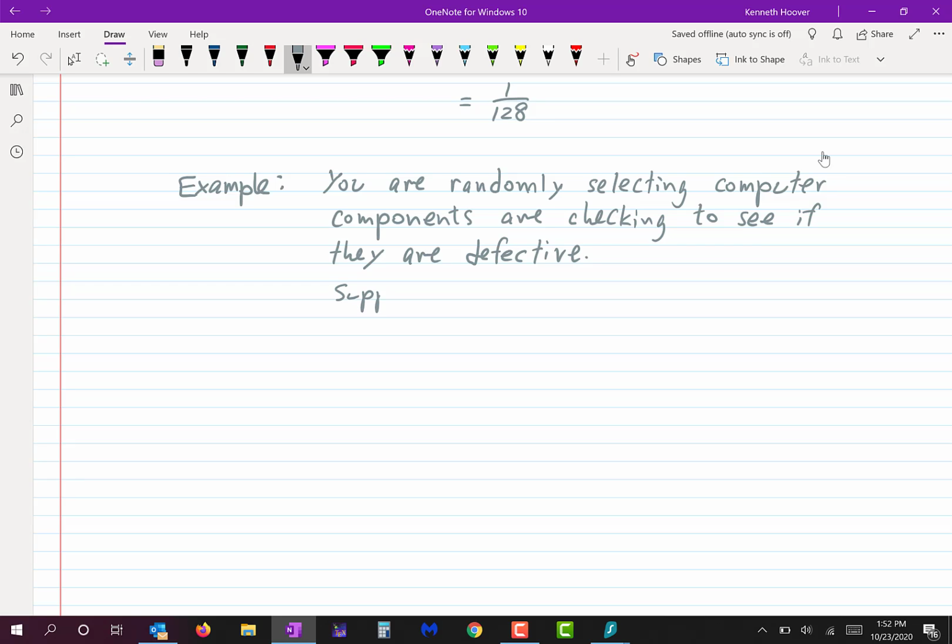Okay, all right, so suppose the probability of any one component being defective is 0.02.